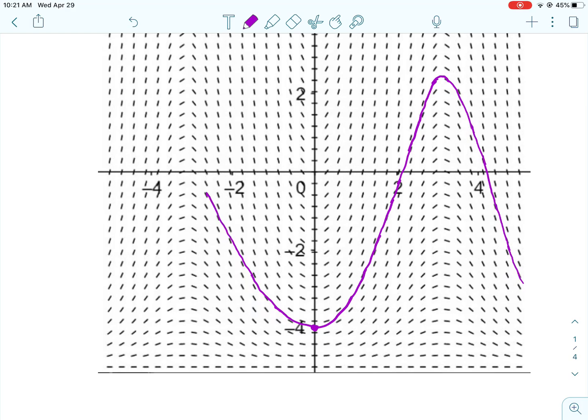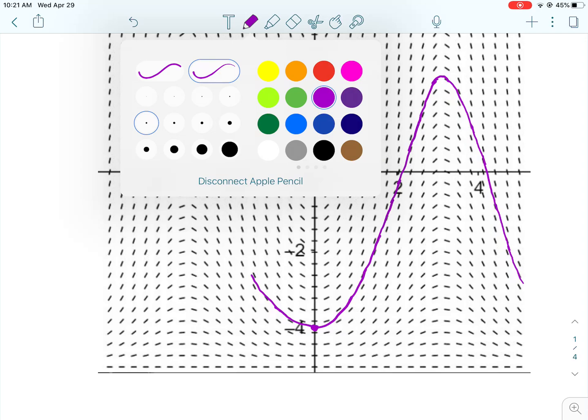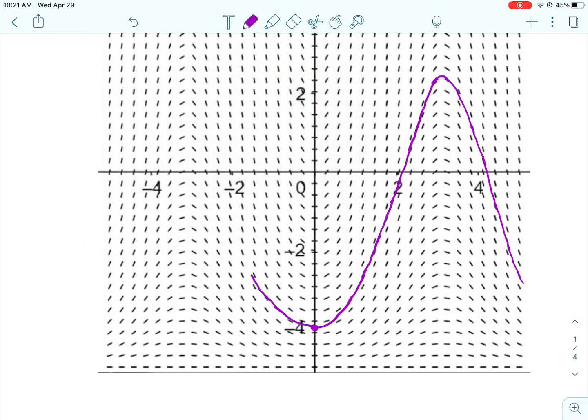Okay, not too bad. I already tried this once on this iPad, and going to the left is so much harder for me. Don't know why. Sorry, you guys have to watch me do this.